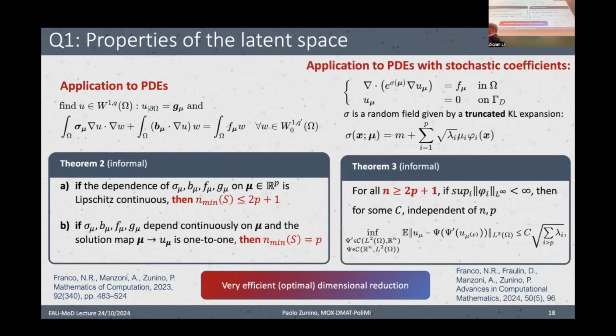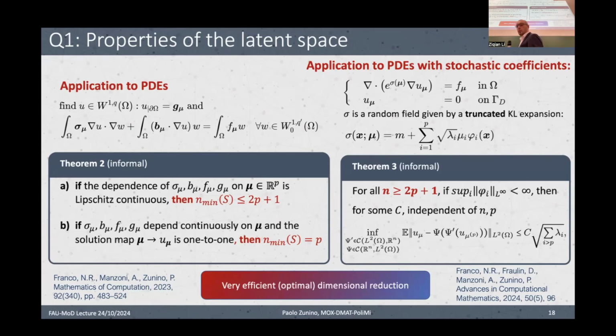This result can also be extended in the context of partial differential equations with stochastic coefficients, where we have, for example, a diffusion equation with a stochastic diffusion tensor field, and we want to represent this stochastic field as a combination of modes and truncate this expansion to order p, which in essence is the number of parameters.